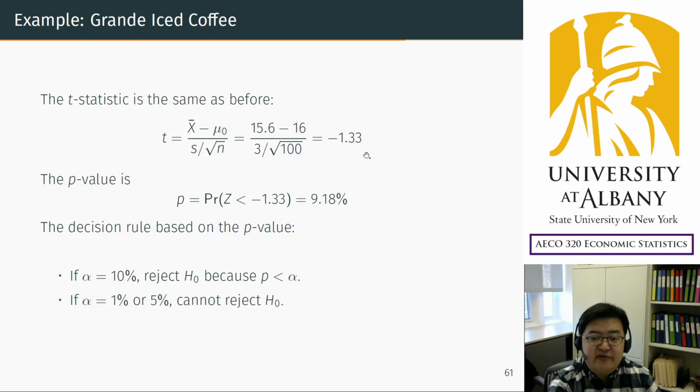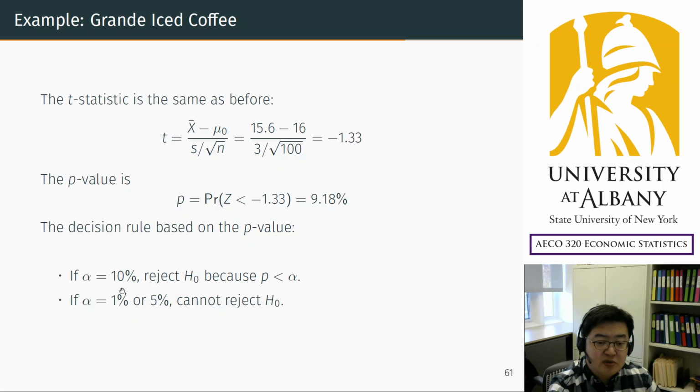And then, given this t-statistic, the p-value is the probability on the lower side of that. So, minus 1.33, and you calculate the smaller side than that, which is 9.18%. So the probability smaller than this much is 9.18%. So, if you use the p-value approach, this p-value will be compared with the significance level.